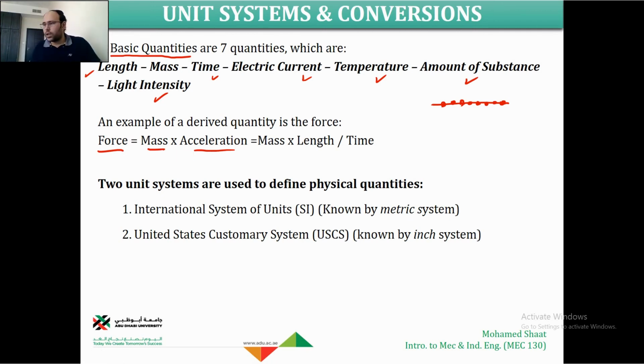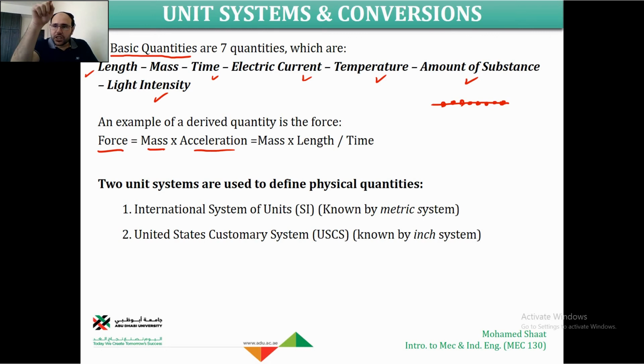Mass is a physical quantity, right? It describes how heavy objects are. The acceleration describes the rate of change of the speed. So the acceleration is another physical quantity that describes a certain physical phenomenon. So the force, which is one physical quantity, can be broken down into mass times acceleration.